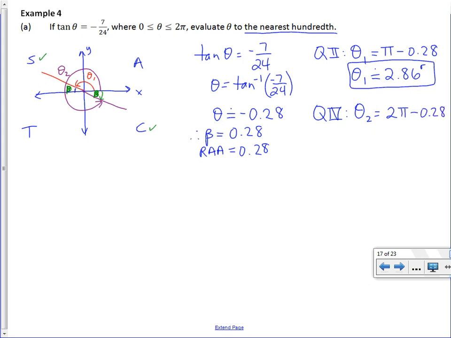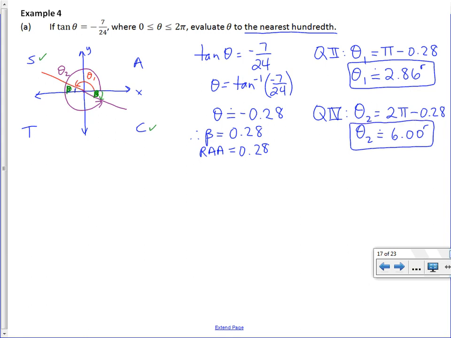If you think about this one, you don't even need a calculator. Because what's 2 pi? What's pi? Approximately 3 point 14. What's double? 6.28, minus 0.28. But you should still keep the decimal places. You solved it, guys. Those are the two answers.